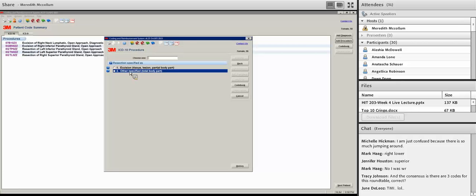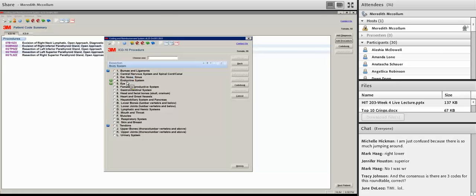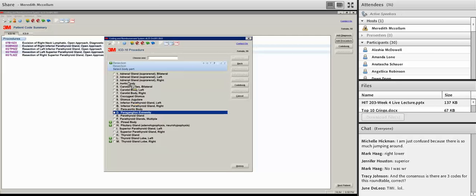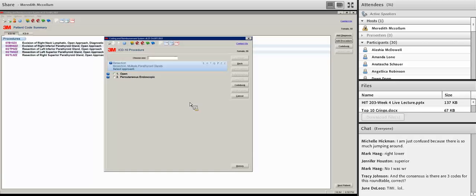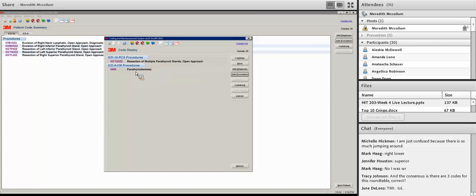It's a total body part. Again, it's endocrine. And then parathyroid glands multiple. Again, I totally disagree with this completely. And so that would be your code.